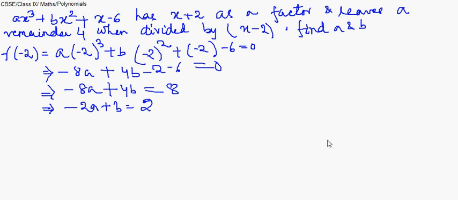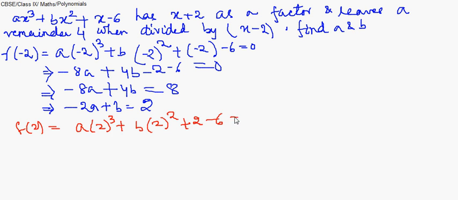The second one says if this same f(x) is divided by x minus 2, the remainder is 4. So I will substitute it as 2. So f of 2 is a times 2 to the power 3 plus b times 2 to the power 2 plus 2 minus 6. This should be giving us a remainder which is 4.